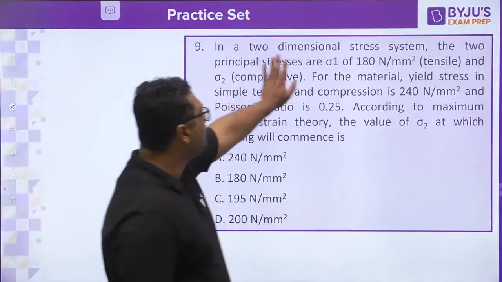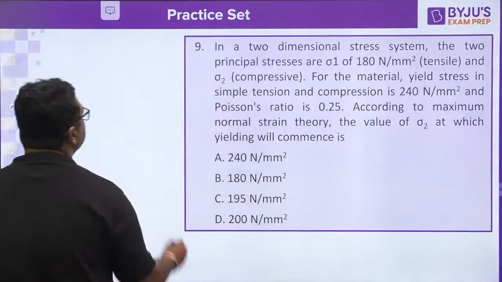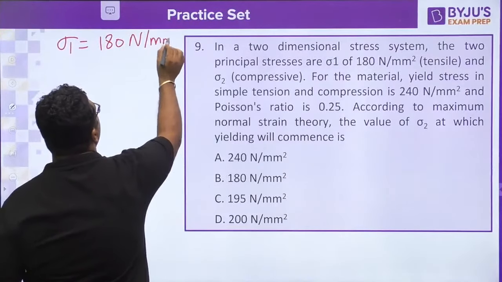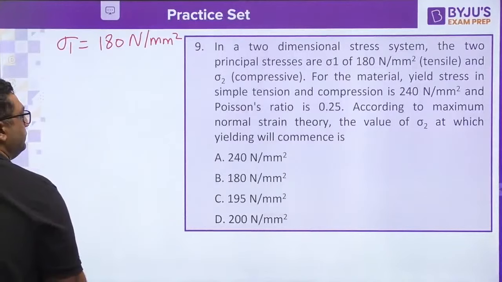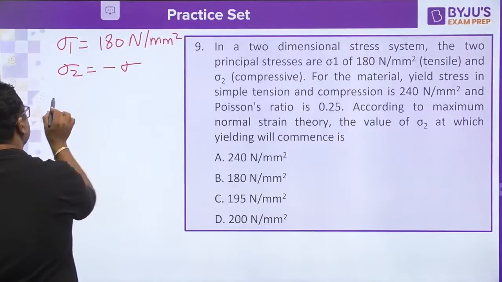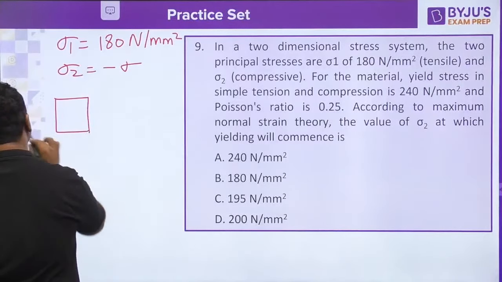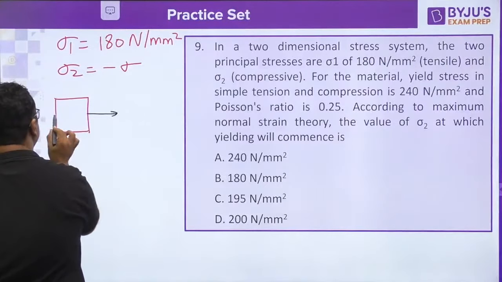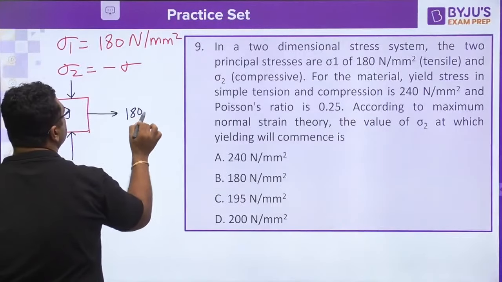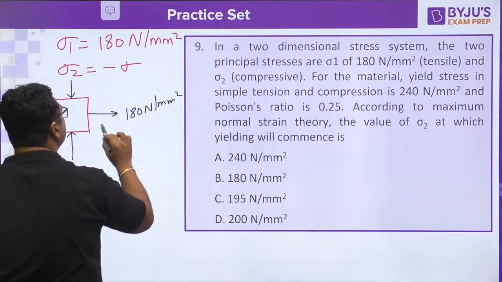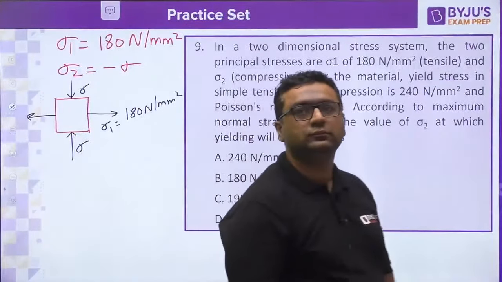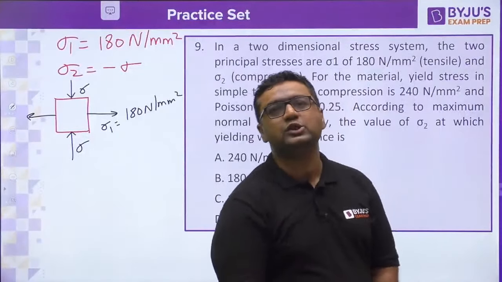In a two-dimensional stress system, two principal stresses are: sigma 1 is 180 Newton per mm square and sigma 2 is not mentioned. Sigma 2 is not given here.